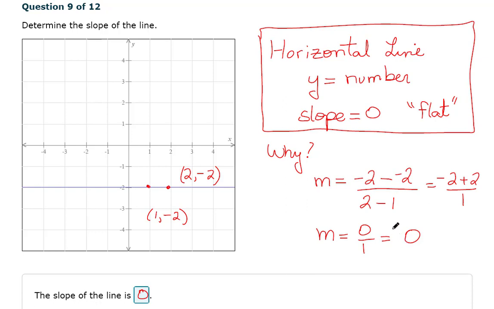What would the equation of that line be? I wonder. Well, the equation would be y equals -2. So x equals a number is vertical, y equals a number is a horizontal line, and the number is where it's crossing on the y-axis.